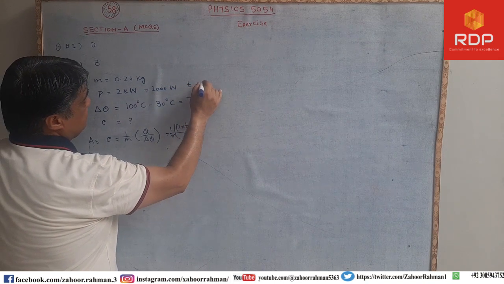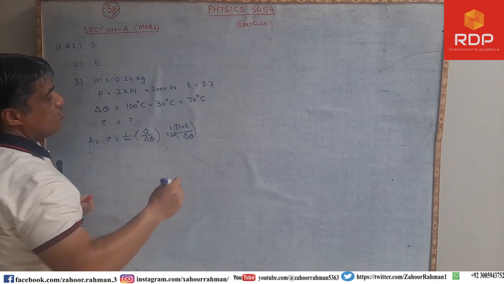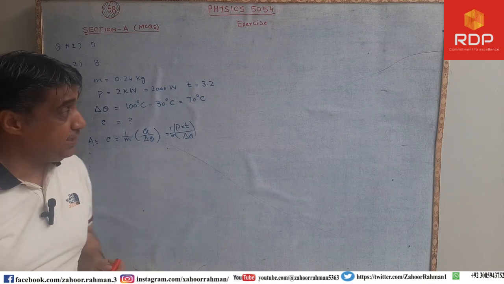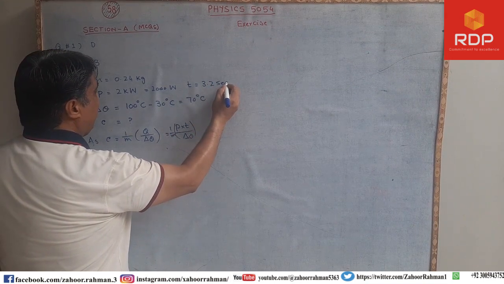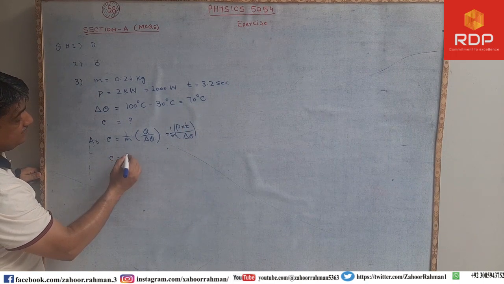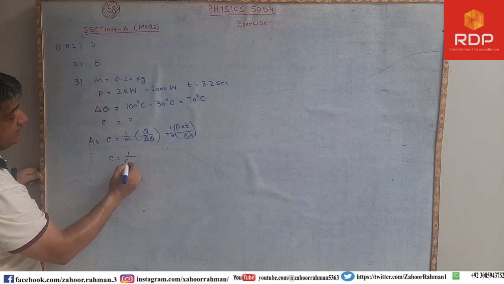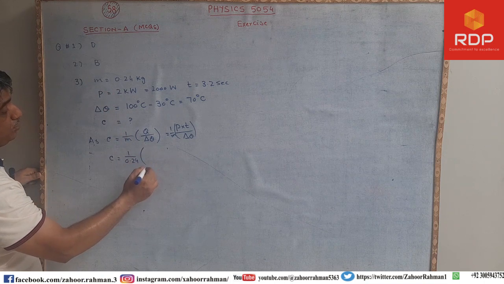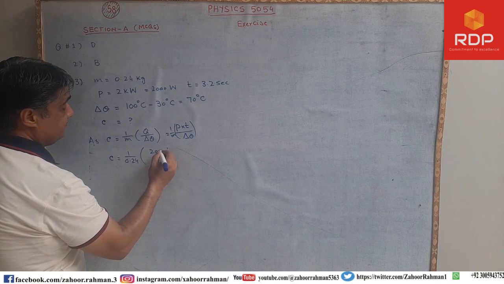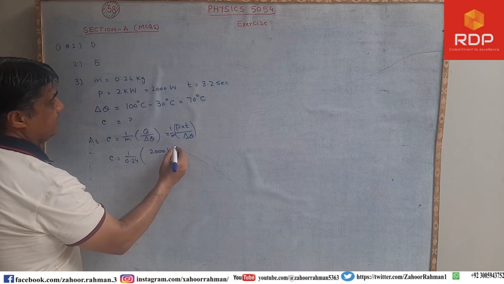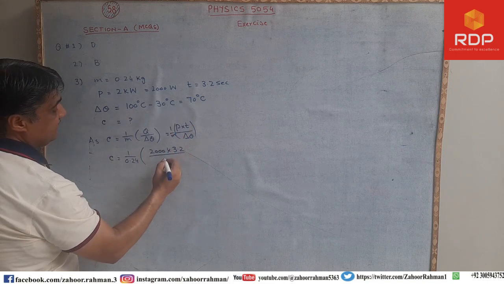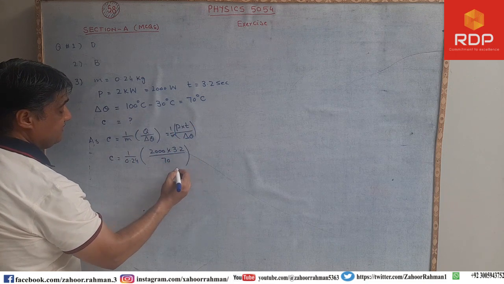t is given as 3.2 seconds. So all the data is available and we can find c is equal to 1 over m, which is 0.24. P is given as 2000, multiplied by 3.2, divided by delta theta, which is given as 70.